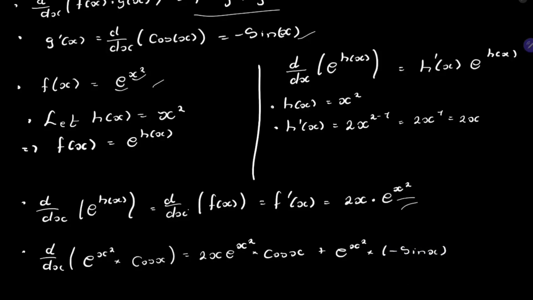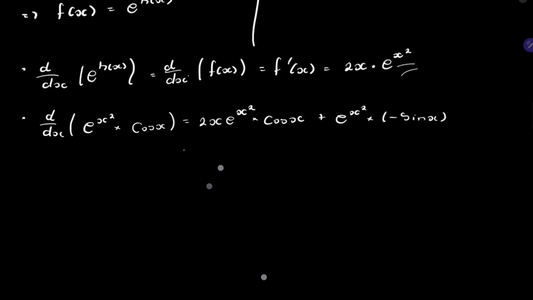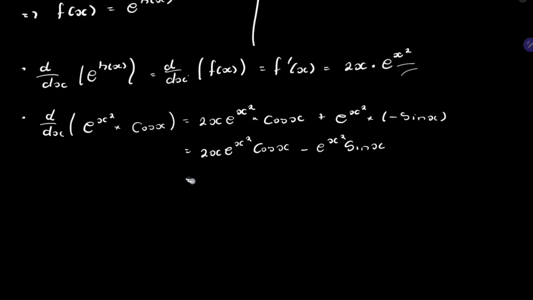Now all that is left is for us to simplify these terms. This leaves us with 2x e to the x squared cos x minus e to the x squared sine x. Noticing that e to the x squared is common on both terms, we can factorize e to the x squared out of this expression, leaving us with e to the x squared of 2x cos x minus sine x.